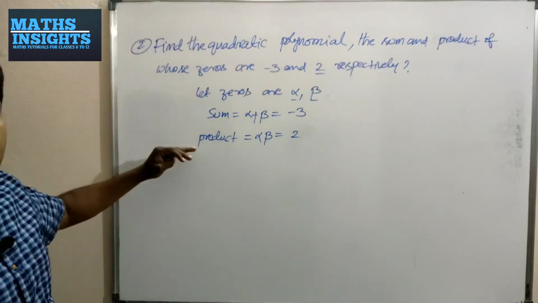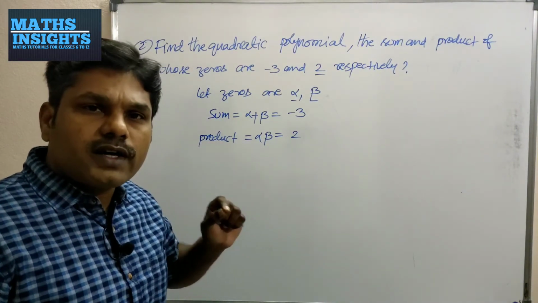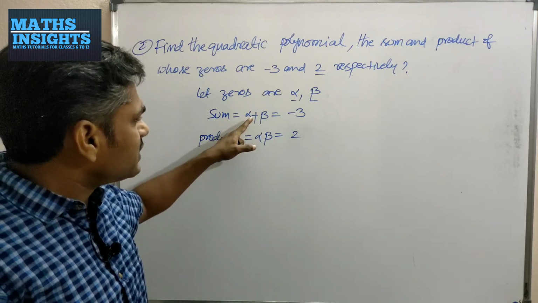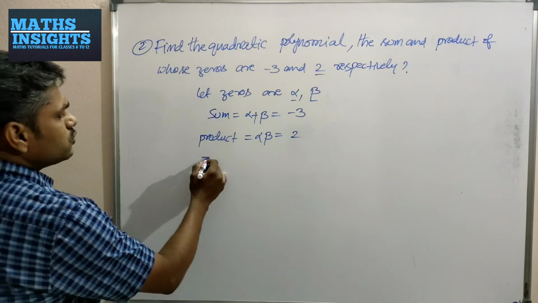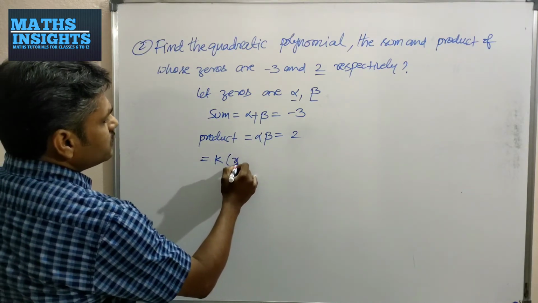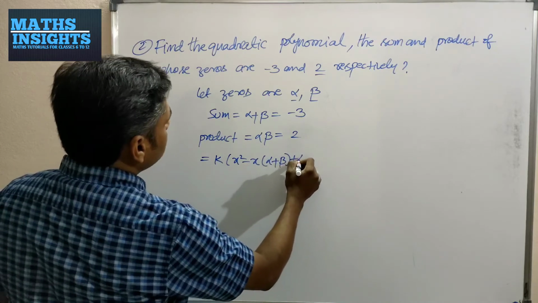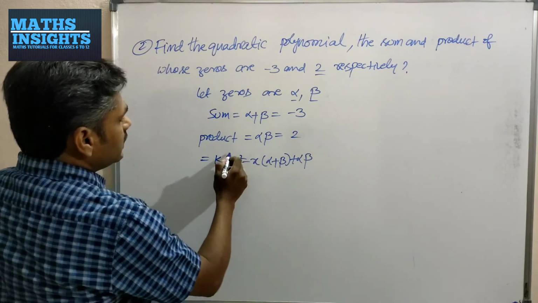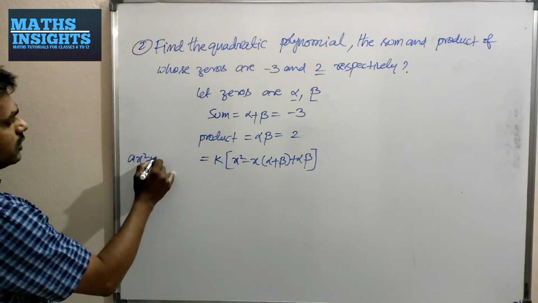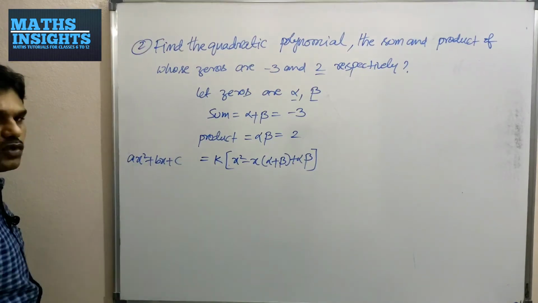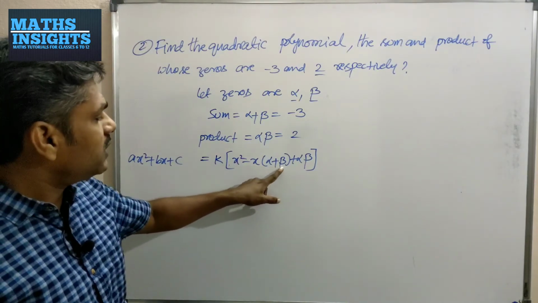After writing these two, you have to write the formula for the quadratic polynomial by using the sum of zeros and product of zeros, that is equal to k into x square minus x into alpha plus beta plus alpha into beta. You discussed this formula for ax square plus bx plus c is equal to k into x square minus x into alpha plus beta.